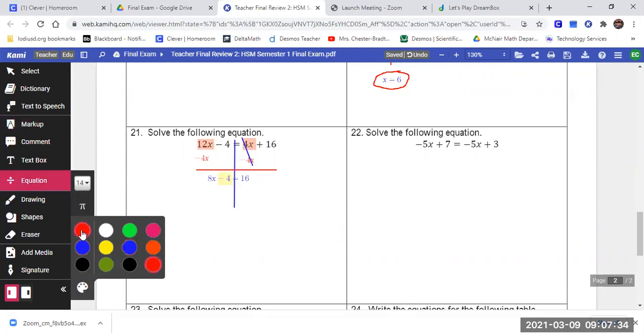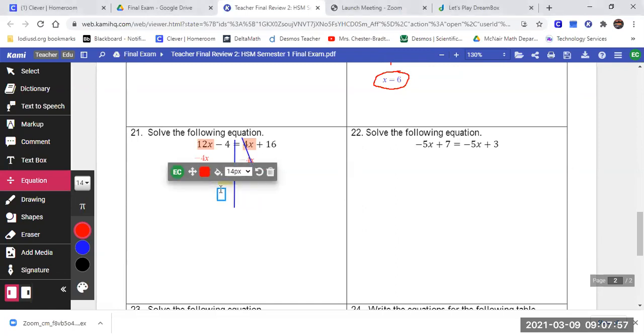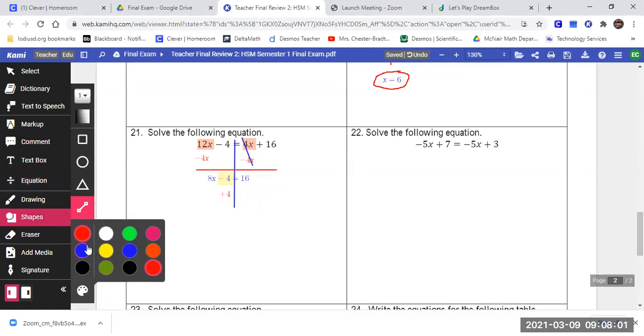What do we need to do? Add 4 where? On both sides, exactly. Add 4 to the 4. That's what makes it become the number 0.